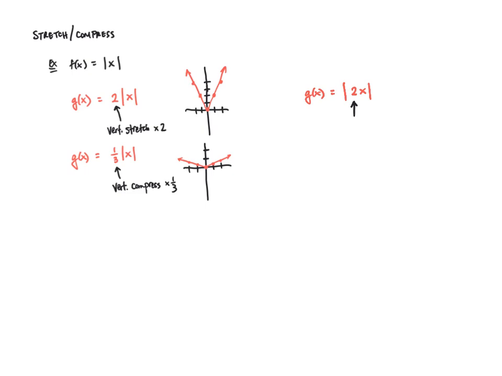But remember, I told you that anything that affects the graph horizontally is going to be the opposite, or in this case, the inverse of what it appears. So instead of multiplying the x values by 2, they're going to divide the x values by 2. Or in other words, they're multiplying the x values by 1/2. So from a horizontal perspective, this is actually going to be a horizontal compression by a factor of 1/2.